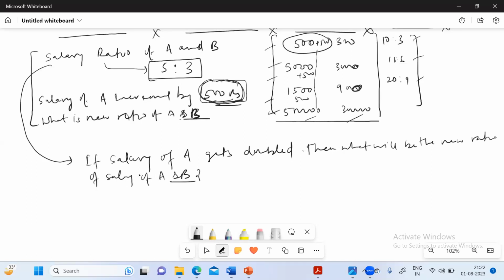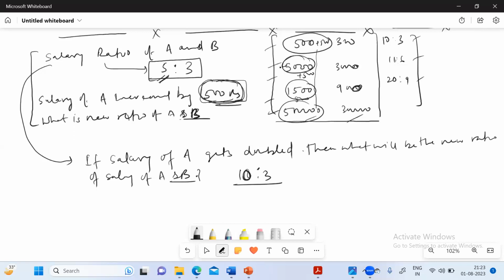Exactly, we can tell because the salary of A is getting doubled. So it gets multiplied. Whatever the value of A, if we check the same thing for all the different values we have taken for A and B, every time we will get 10:3, because the value of A gets doubled. It is not the case of addition, but the case of multiplication.